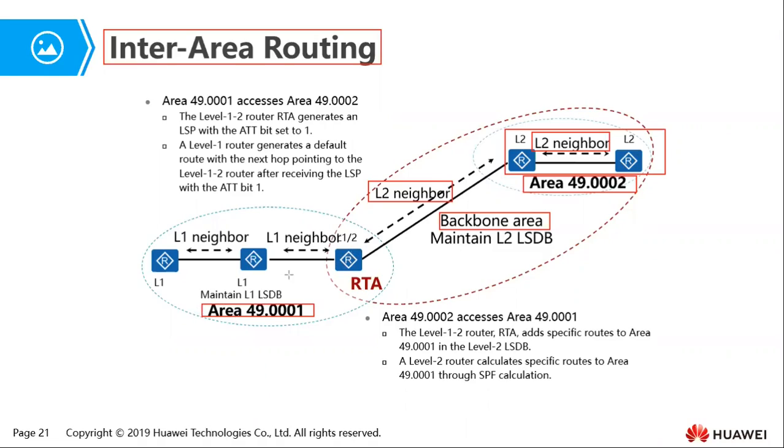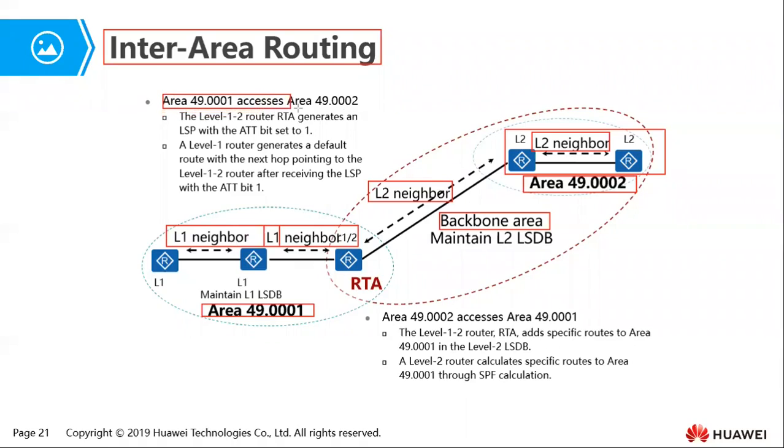Now, level 1 routers can establish a neighbor relationship with a level 1-2 router, and they can also establish relationships with other level 1 routers. So what are they saying here?